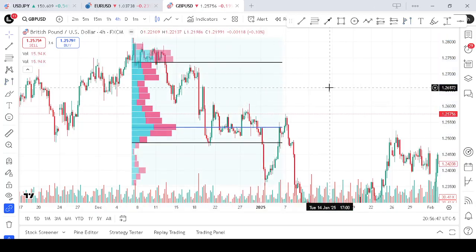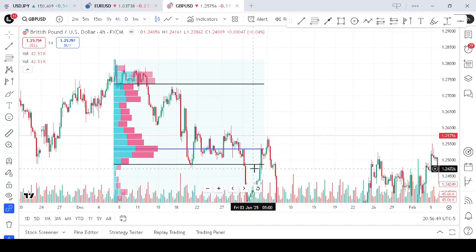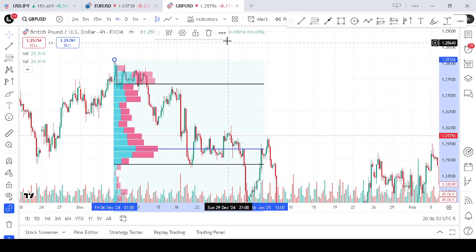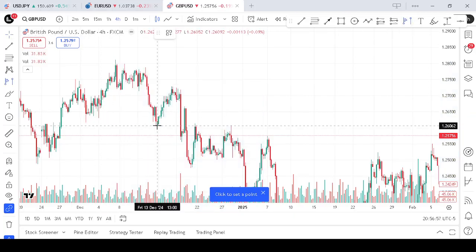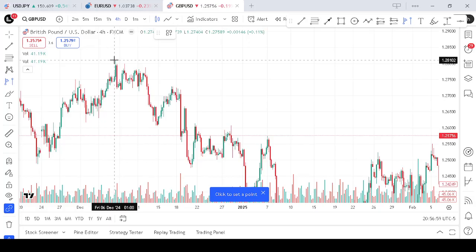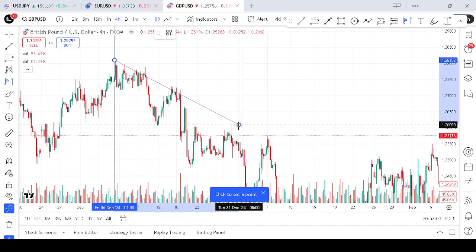This is our value area high. Let me redraw this. We draw this indicator from the high to the low of the bearish chart.